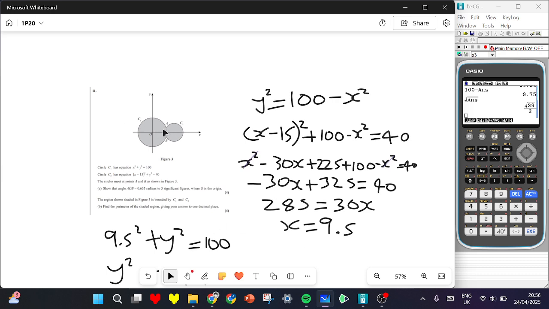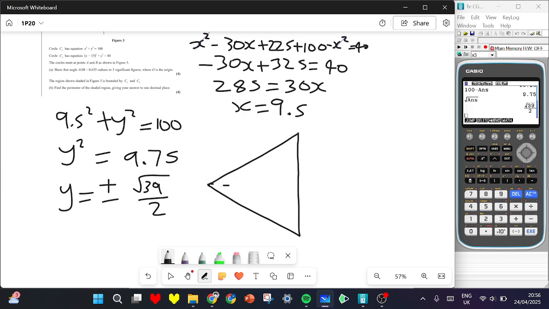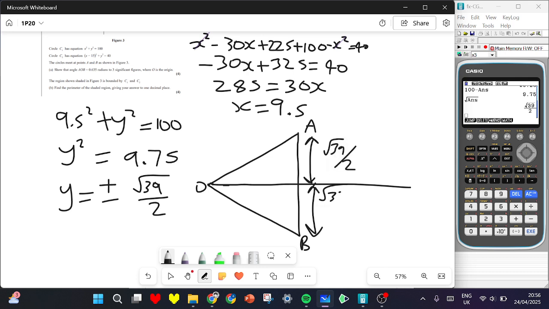So if we want to find this angle, you can see that it's like a triangle, right? So these are both root 39 over 2, and then the x for them is 9.5.